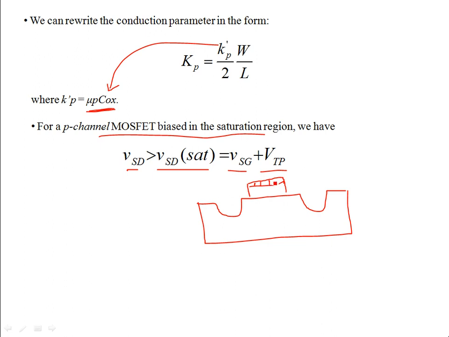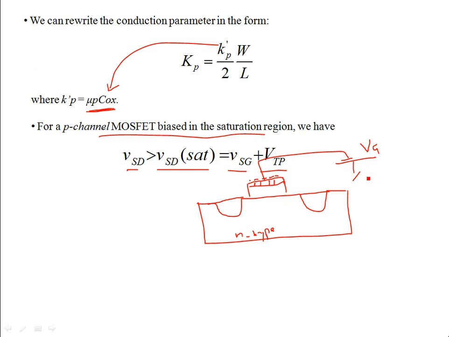For this n-type substrate, which has a majority of electron carriers, there will be some holes if you connect a negative supply over here. That's your gate Vg, which is negative, so you have negative charges over here.